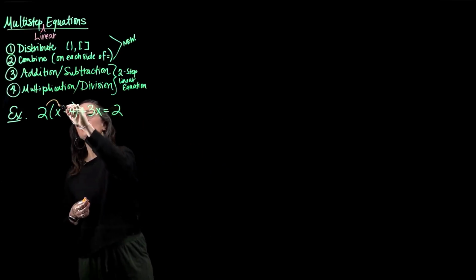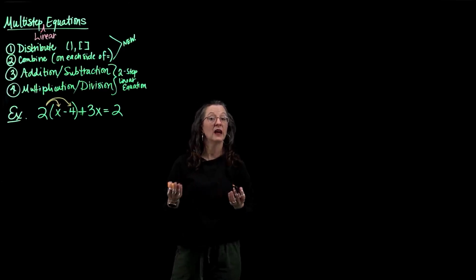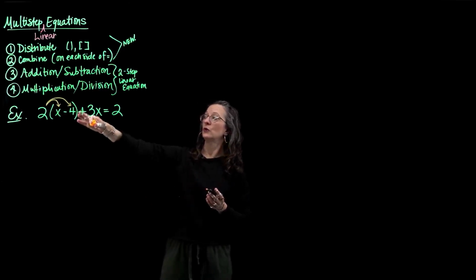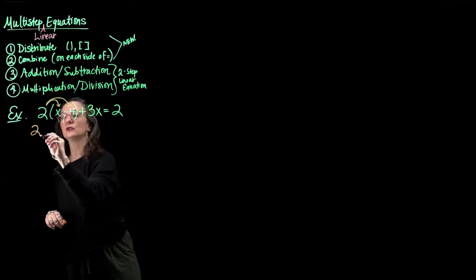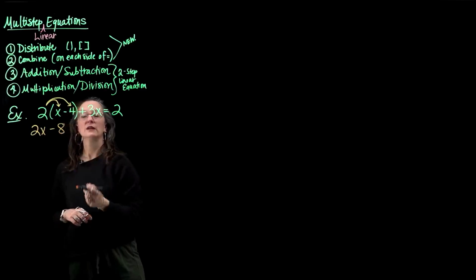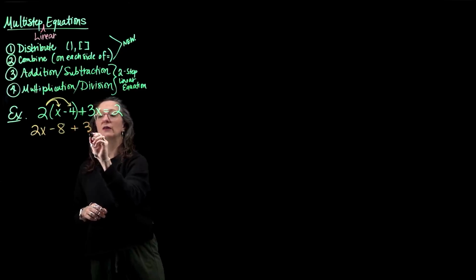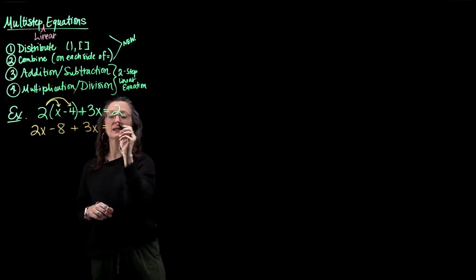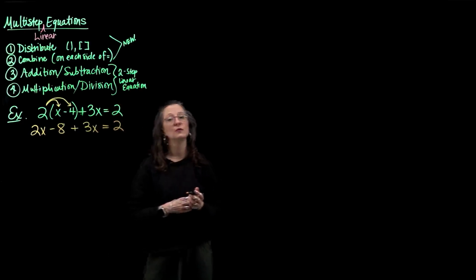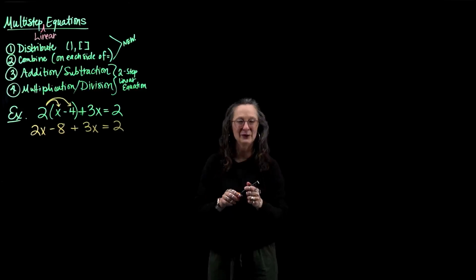So the 2 is going to get multiplied into the parentheses containing the x minus 4. So 2 gets multiplied by x to get 2x, and 2 gets multiplied by negative 4 to get minus 8. And then I'm going to rewrite the rest, plus 3x, and then equals 2 on the next line so that I can then evaluate what I'm going to do next.